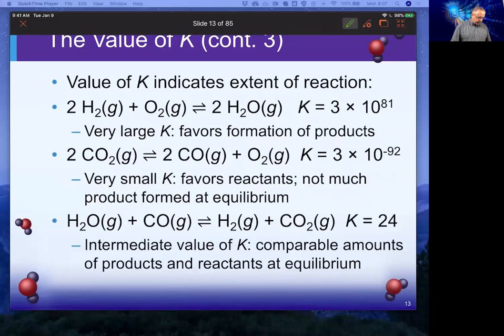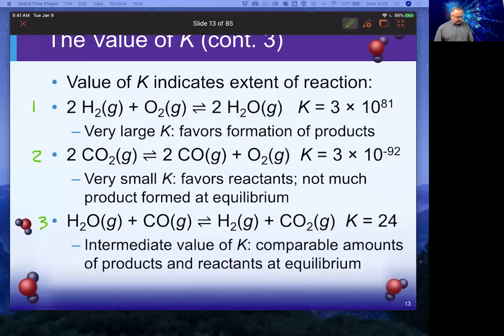Okay, so here we have different reactions, and let's number them 1, 2, and 3. For reaction 1, the K is a very large number, 10 to the 81.